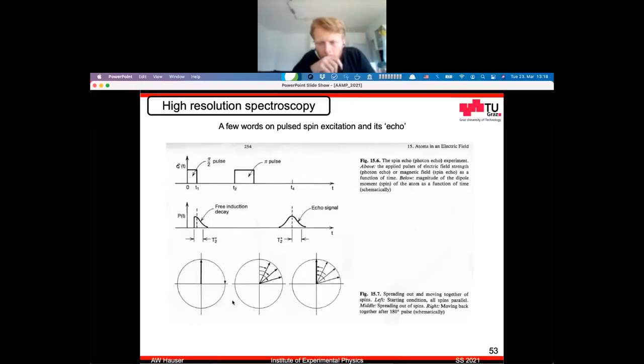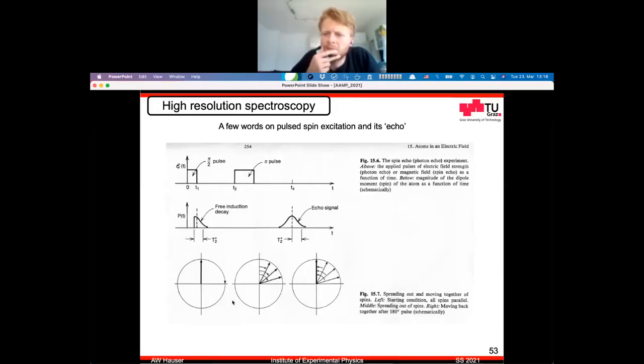And now comes my excitation with the B field along the x-axis. And all of a sudden, boom, I flip them all into the xy plane. Now this time-constant component of M is lying in the x direction and is still doing the precession movement, because we still have the B field in the Z direction acting.